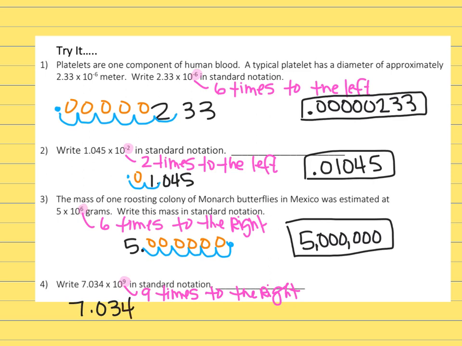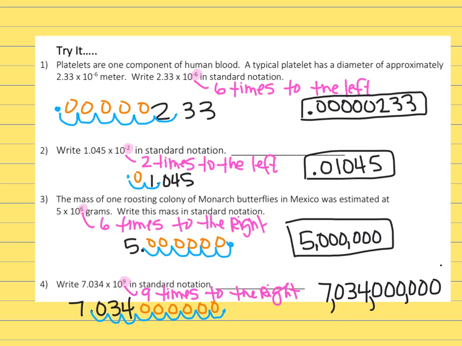Then moving it 9 times to the right. 1, 2, 3, 4, 5, 6, 7, 8, 9. And then all those blank spaces get zeros. This is a super huge number. Okay, final answer is going to be 7034. And then we have 6 zeros at the end. 1, 2, 3, 4, 5, 6. Putting in my commas. That number looks like it's going to be 7,034,000,000.